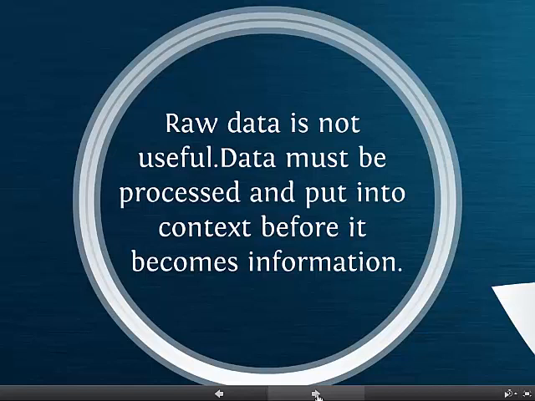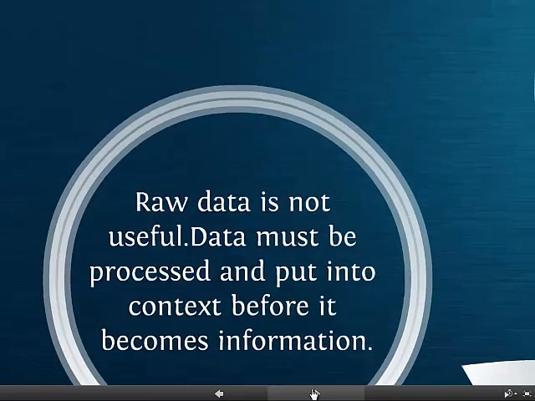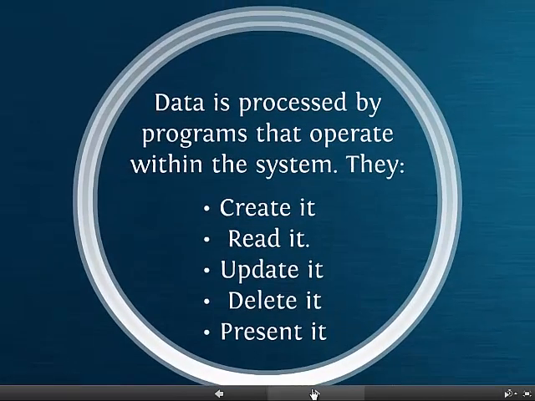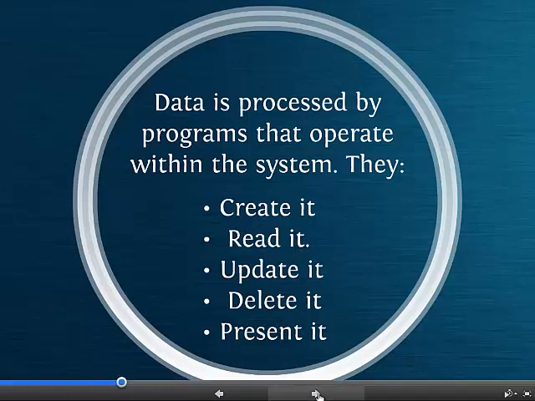It needs to be put into context. It needs to be processed. So data is processed by programs. Programs can create it, read it, update it, delete it, or indeed present it. If you take the first four of these database functions, create, read, update and delete, you've got the acronym CRUD, which can be very useful.